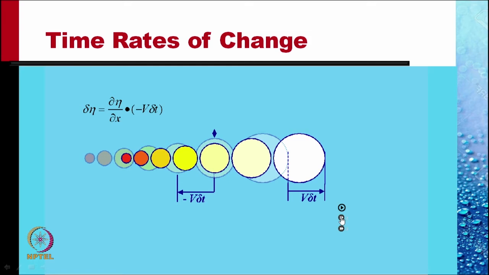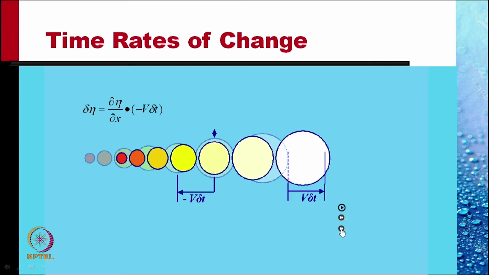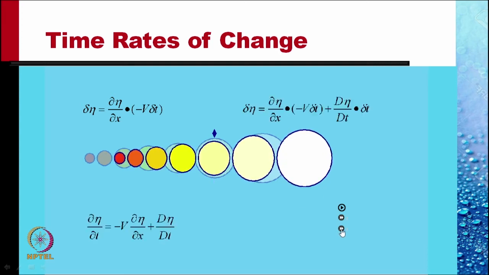Now, if in addition during this time delta t, the size of each particle increases, then the change in eta observed by this observer would be the original convective change, del eta by del x into minus v delta t, plus the rate at which the size of the particle grows.